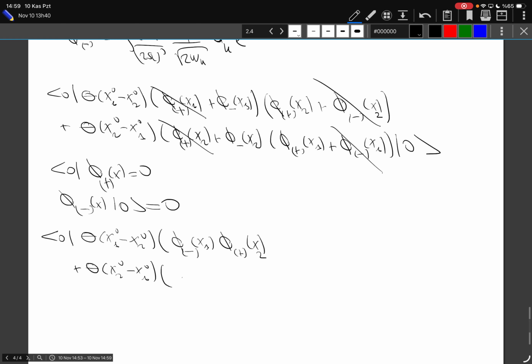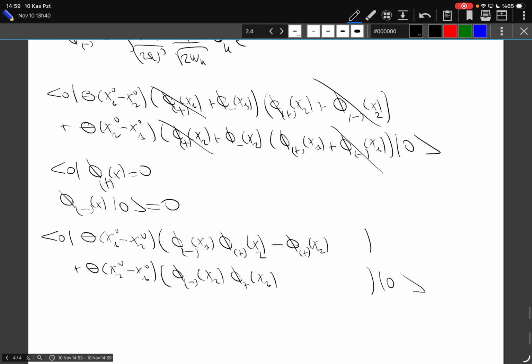Now let me write phi minus x2 phi plus x1. Now the reason why I put that empty space is let me just subtract those terms multiplied in the reverse order.